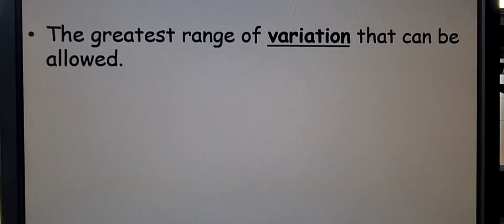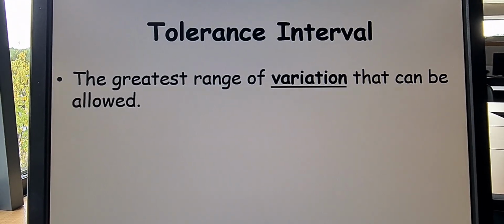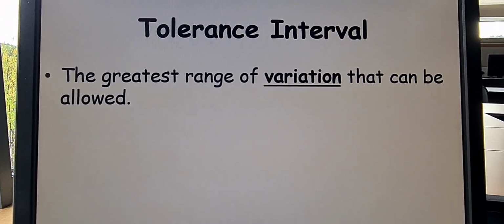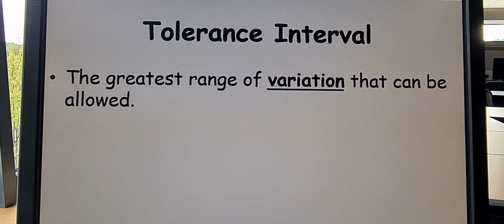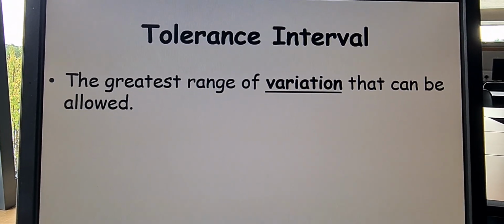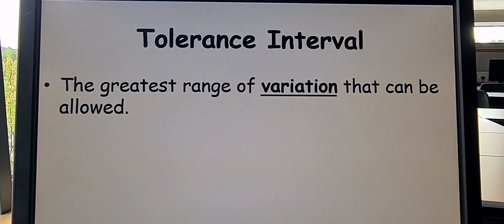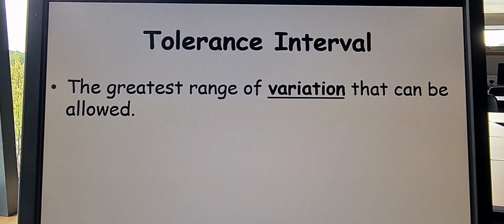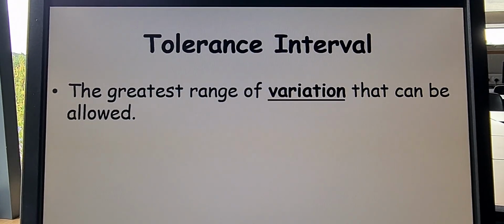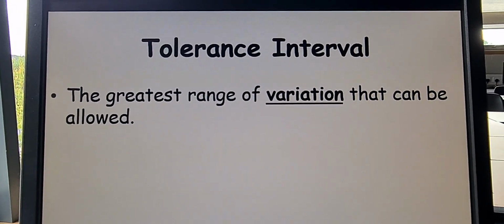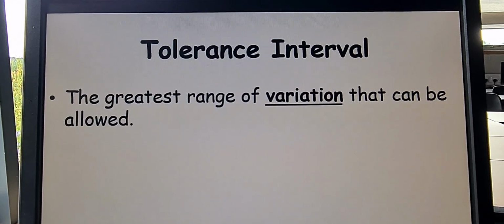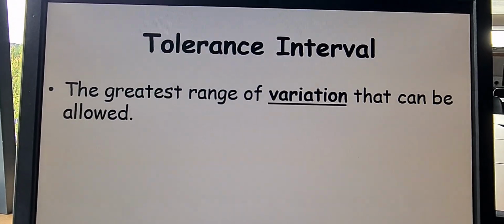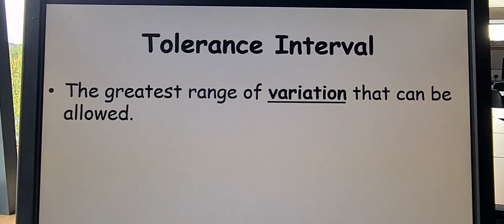Okay, next we are going to look at tolerance intervals. So tolerance means it's the greatest range of variation that could be allowed. So we all have a certain tolerance for certain things, and the same applies usually in the industrial industry where we're making, in factories, where we're making products, and they'd have to have tolerance intervals. So like if I was making batteries, they will allow batteries to be maybe 0.1 of a centimetre outside of the width restriction of the battery perhaps, and anything that goes beyond that interval has to be thrown into a bin.